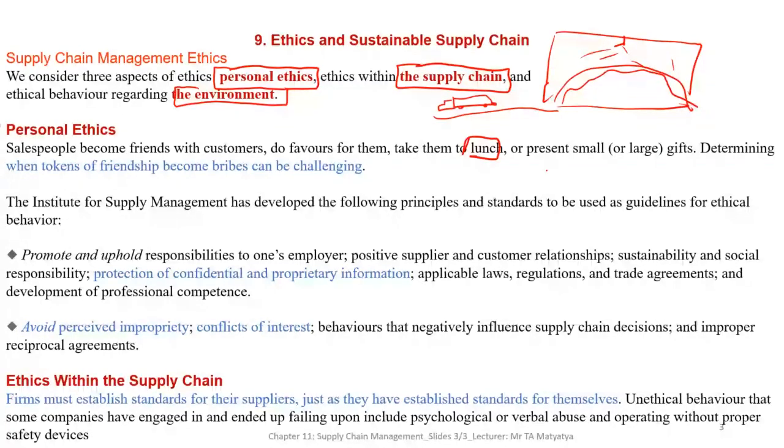Determining when tokens of friendship become bribes can be challenging. Bribery and extortion. The Institute for Supply Chain Management has developed the following principles and standards to be used as guidelines for ethical behavior.